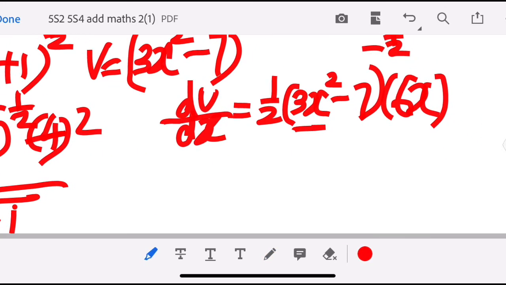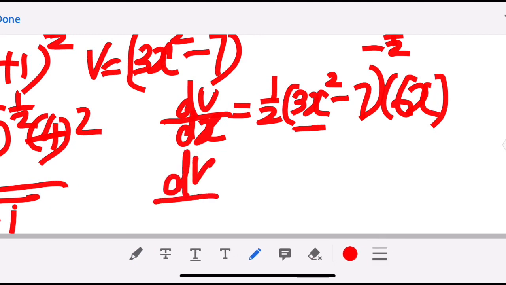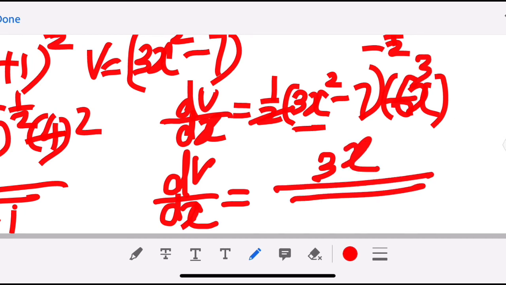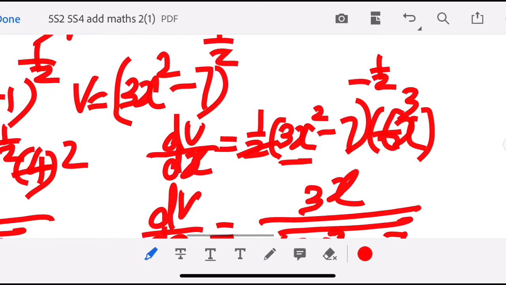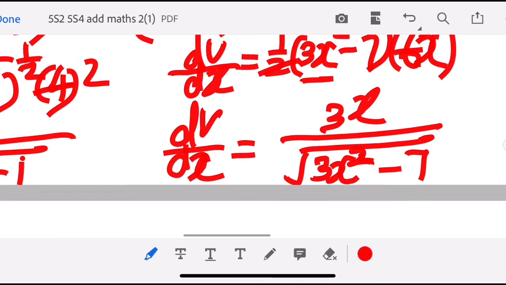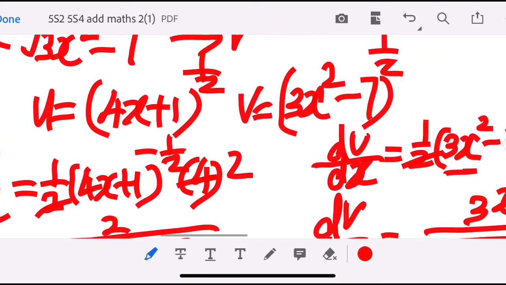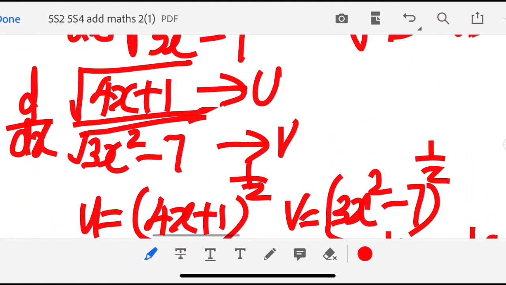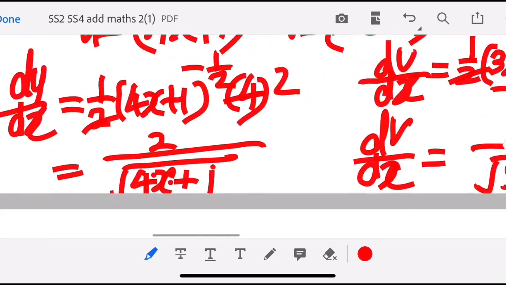So the dv/dx you get will be 3x on top, and the square root of 3x squared minus 7 below. Okay, this is how you convert to square root form. So now we are going to use the quotient formula.